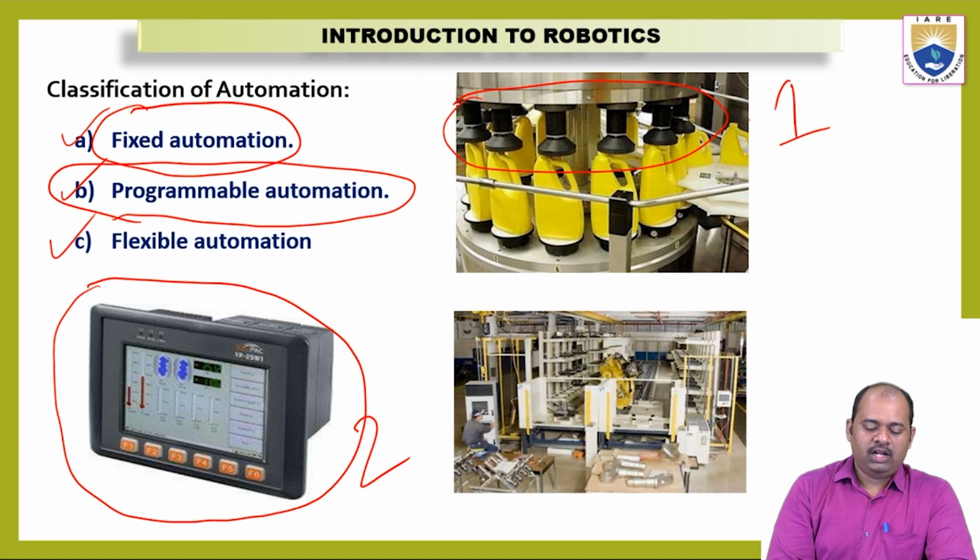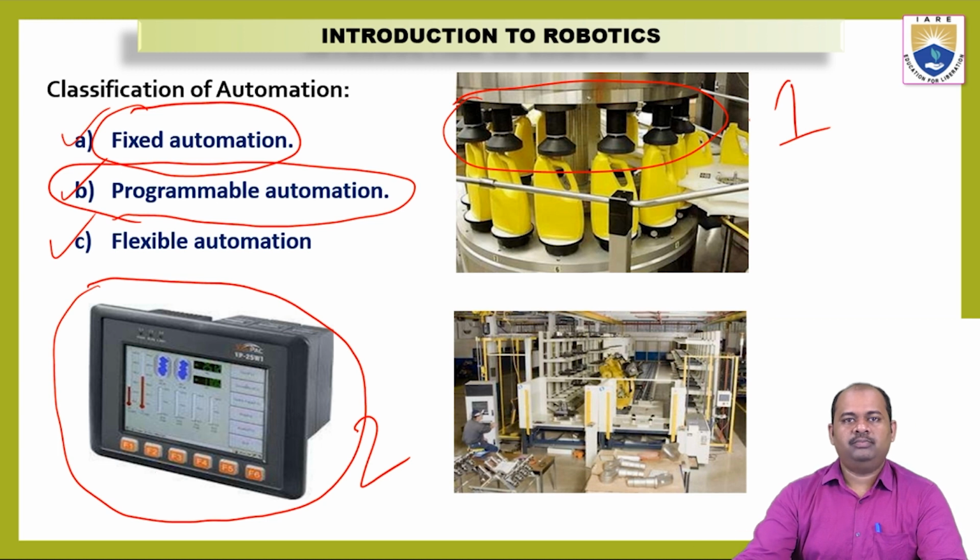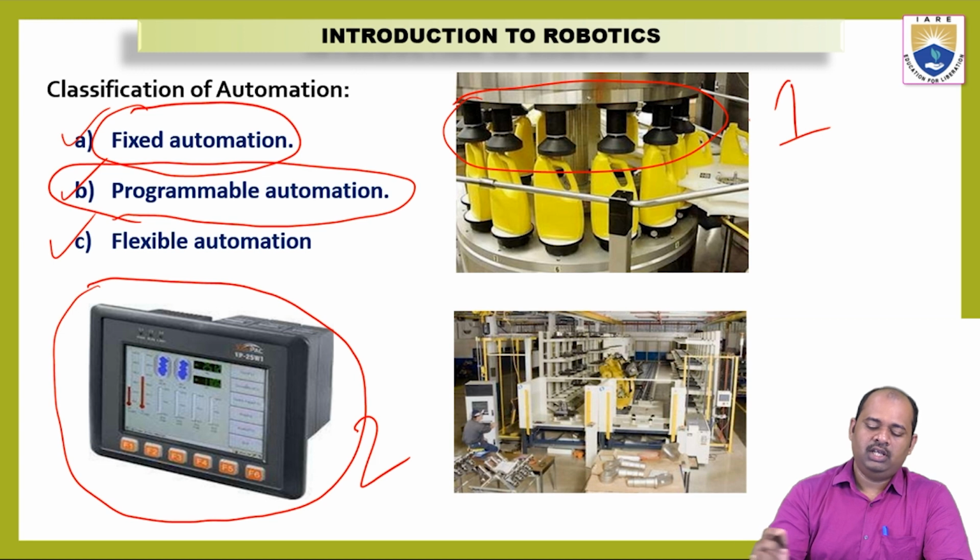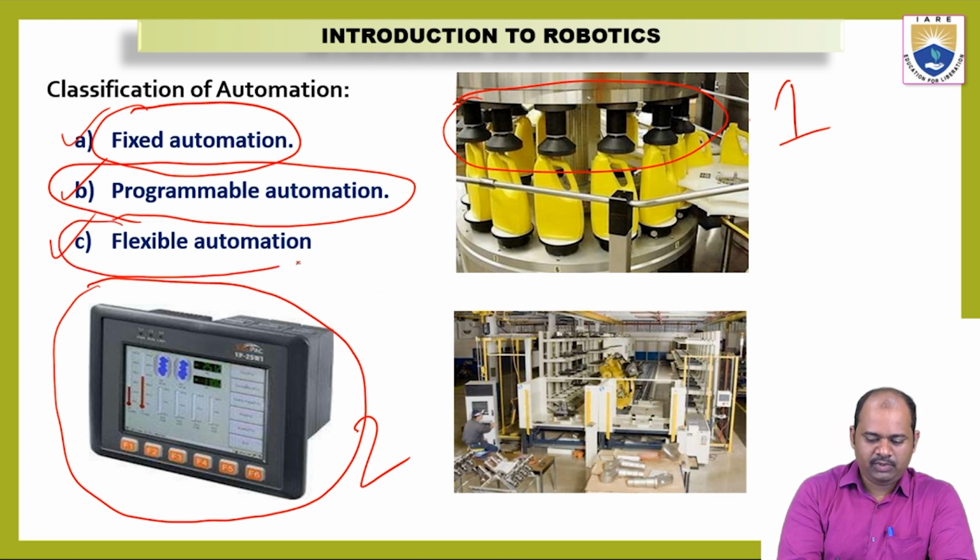Based on the program codes, it can actuate the machine and make some process happen. So this is programmable automation. Here, we can change the code according to the need. We can change the code for each individual object. After completion of one process, we can rewrite the code again and we can use that code n number of times.